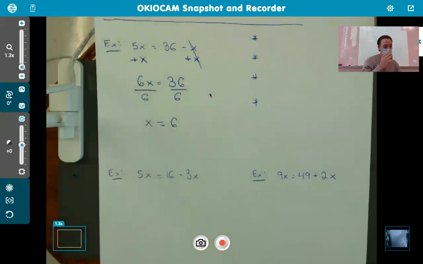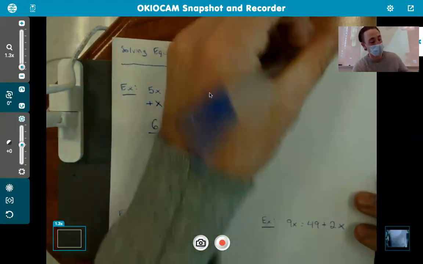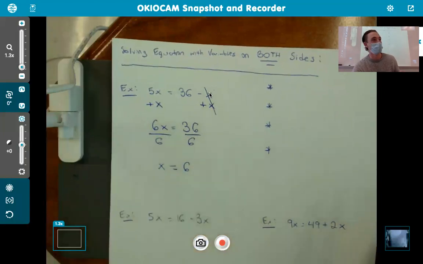Okay. So let's create a list of steps for what we've done so far. The first thing that we did was what? So what was this step right here? What was the first thing I did? What's that? Not divide. We added the variable to the other side, right?